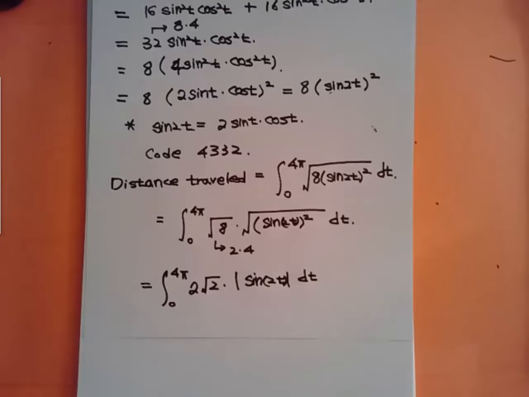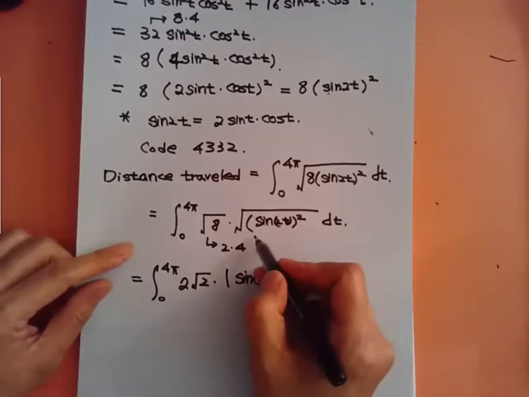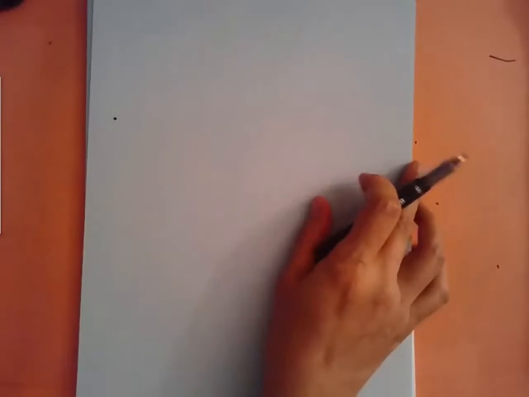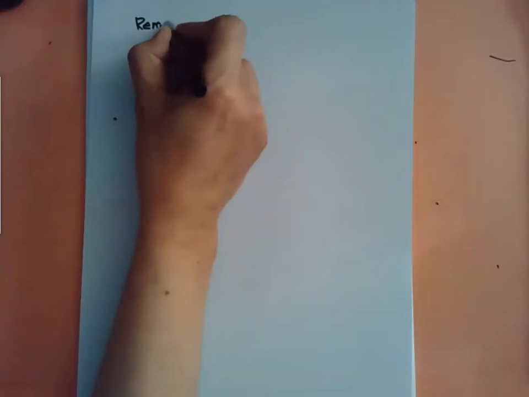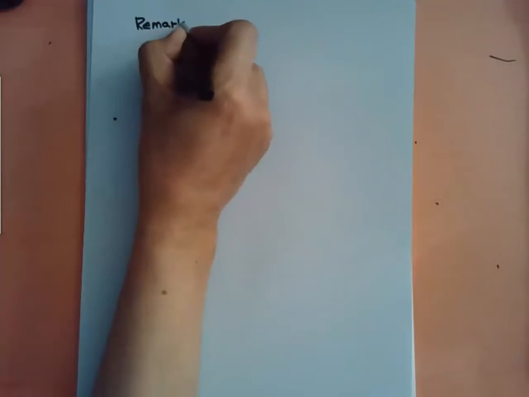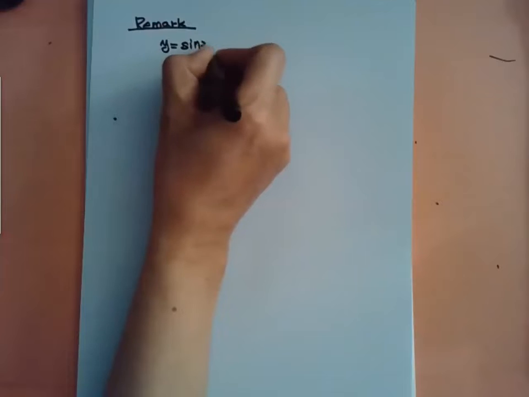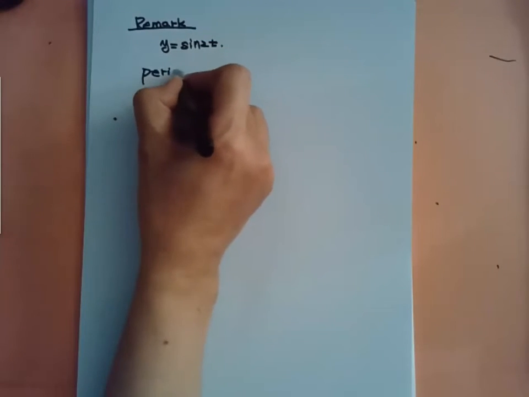And then we have to be careful when we proceed with the calculation because sine can be positive or negative between 0 and 4 pi. So we will consider the graph of y equals sine of 2t. And we already know the period.